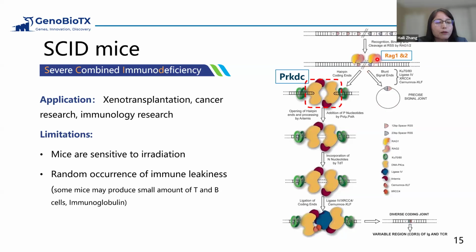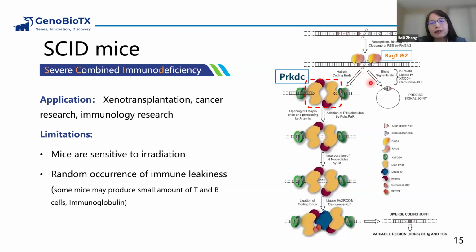RAG1 and RAG2 are responsible for the cleavage of DNA at specific recombination signal sequences that flank the VDJ gene segments.